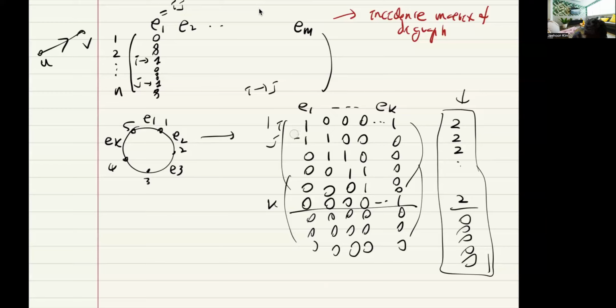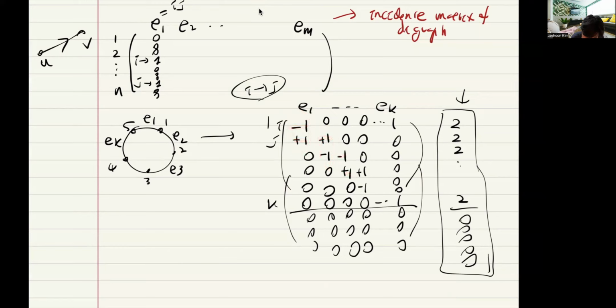Let's keep it the other way. This is minus 1 and plus 1 if this is from I to J. So I's coordinate is negative 1 and J's coordinate is plus 1. Depending on our orientation, it could be minus plus or plus minus.